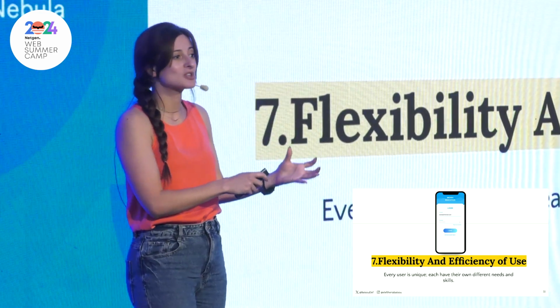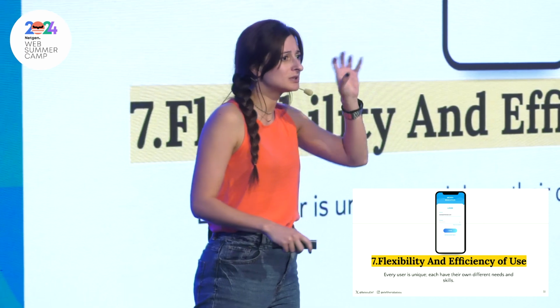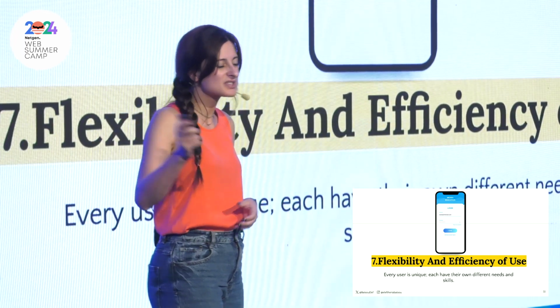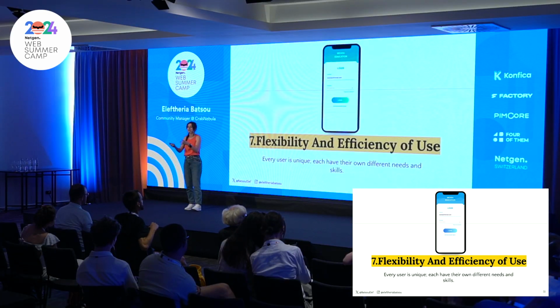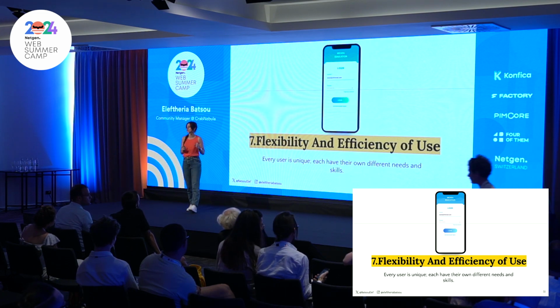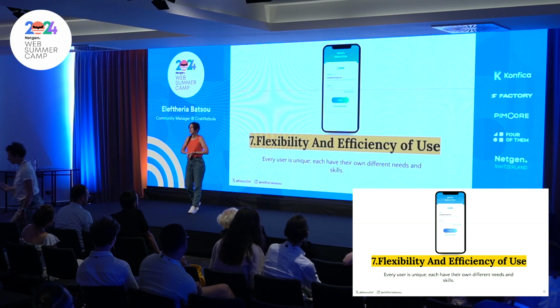The first-time users probably will need some extra help. Maybe they will need some tooltips to see what's going on. But on the other hand, the power users definitely don't need those things. Maybe they want connectivity, so to connect your app with another app. Maybe they want some shortcuts to do things fast and reliably. And of course, you have, as I said, all the people in the middle.